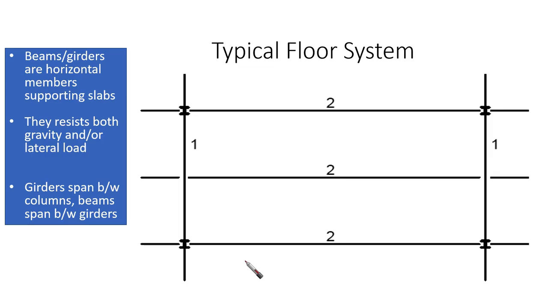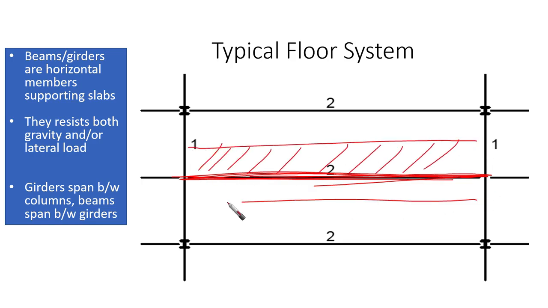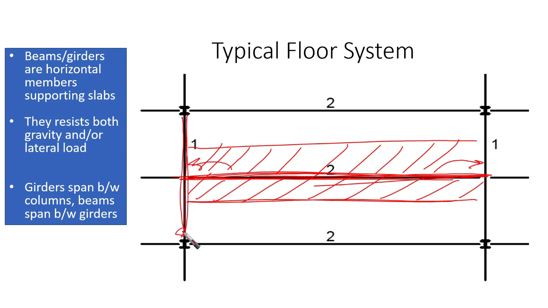Okay. In a typical floor system, you are going to find that beams or girders are horizontal members supporting slabs. These are considered to be our beams, which take the dead load and live load and whatever from the slab, and then this load is going to be transferred to what we call girders, which are beams also, but with a larger cross section.